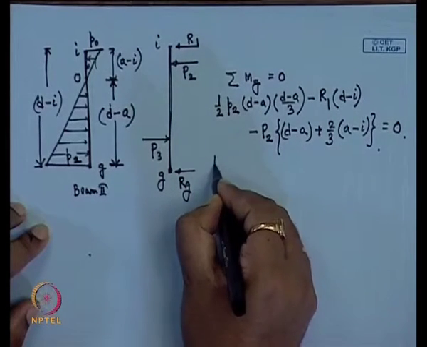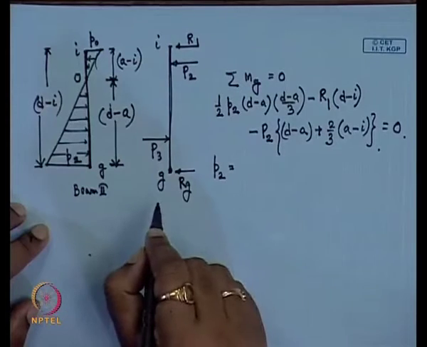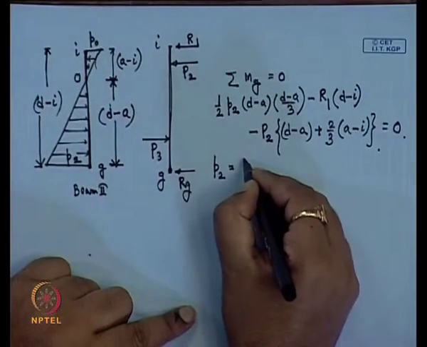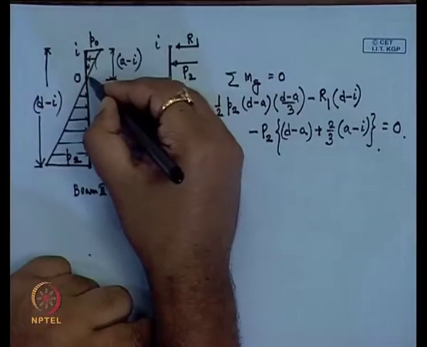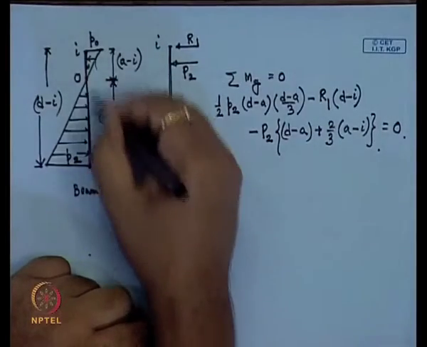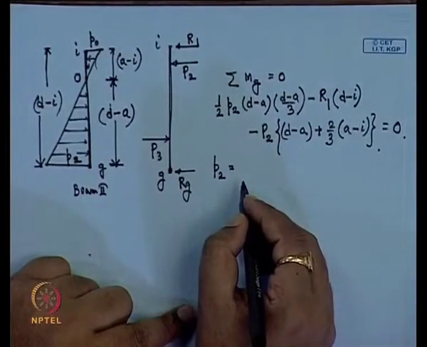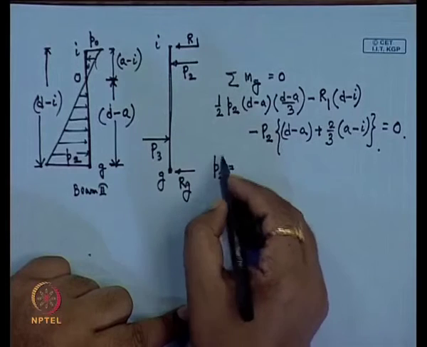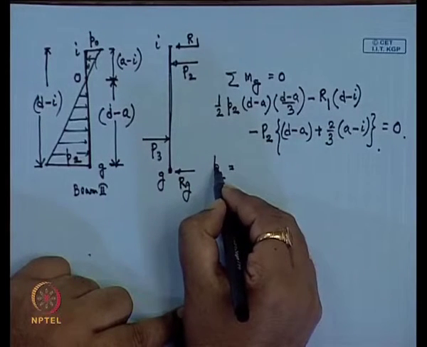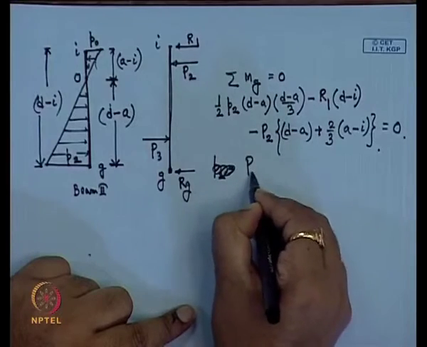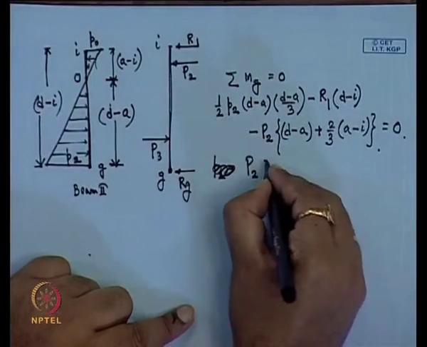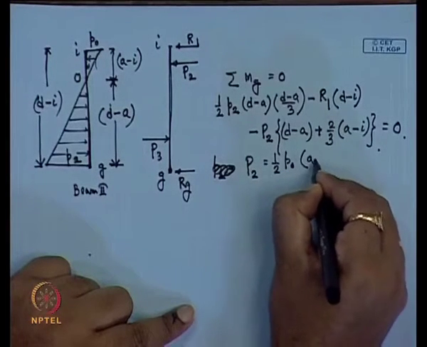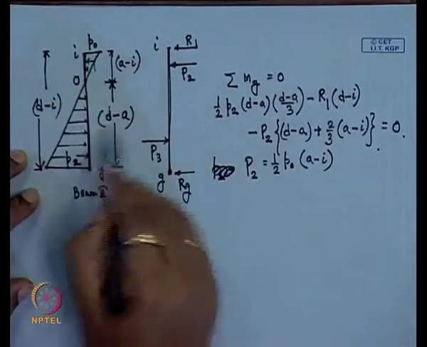So, P 2 we can determine, the stress P 2 we can determine, if this is P 0 and the stress P 2, from these two similar triangles. This capital P 2 is equal to half into P 0 into A minus I. So, half into P 0 into A minus I.